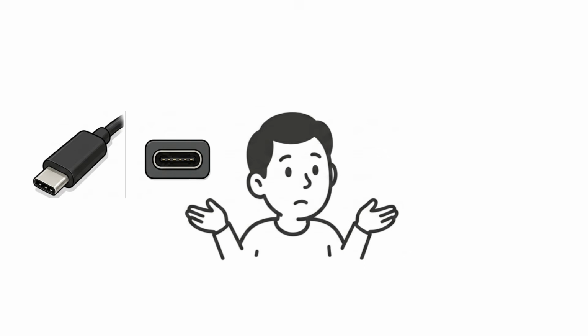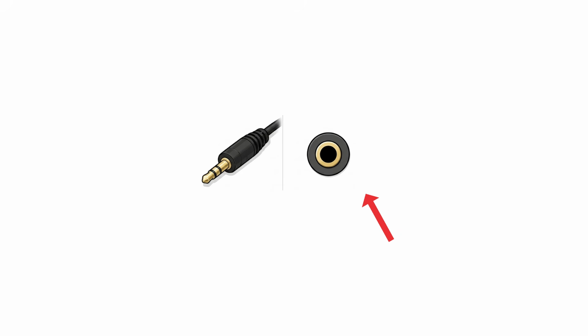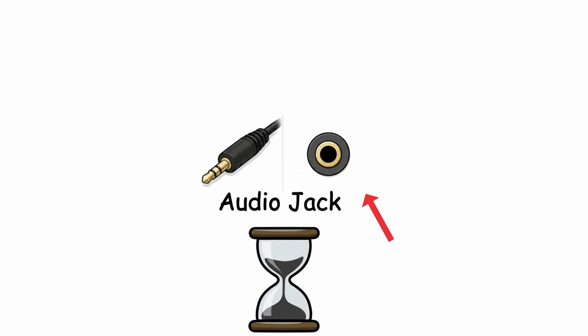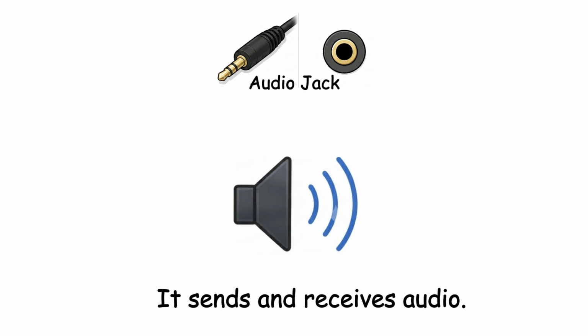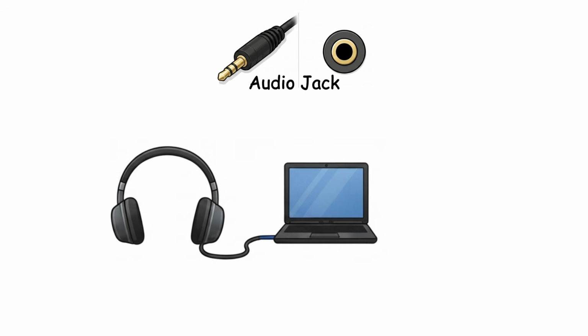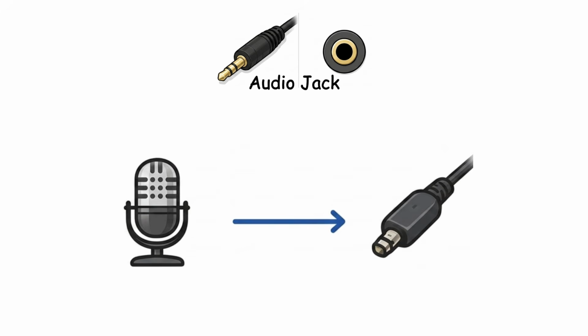Now let's switch from the USB to sound. This small circular connector is the 3.5mm audio jack. It's one of the oldest ports that's still widely used today. Its job is simple. It sends and receives audio. Plug in a pair of headphones, and you can hear sound. Connect a microphone, and your computer can record your voice.